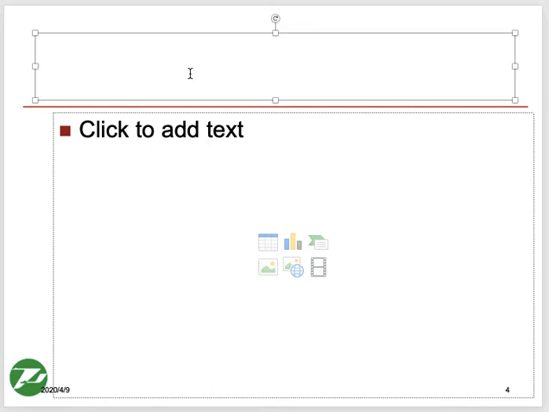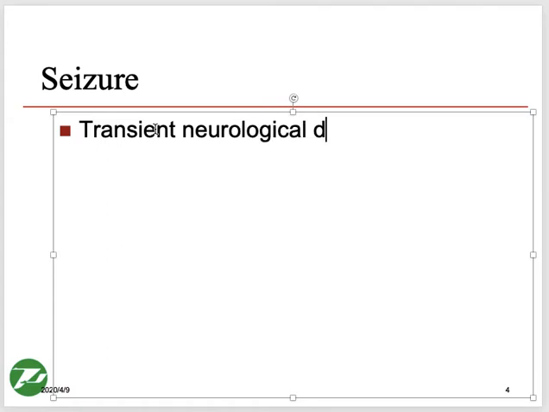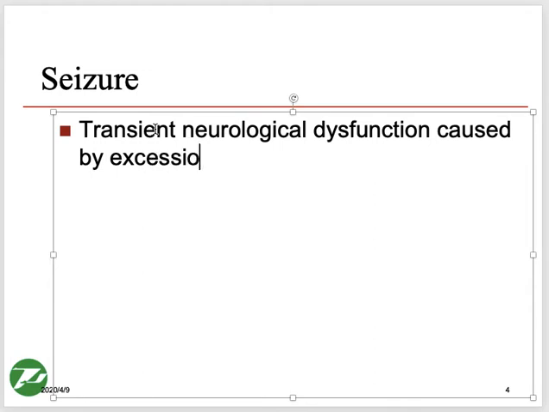So, what is seizure? How can we define seizure? Seizure is a short period of neurological dysfunction. You can say it is transient neurological dysfunction. And what is the cause? Caused by excessive activity of cortical neurons.